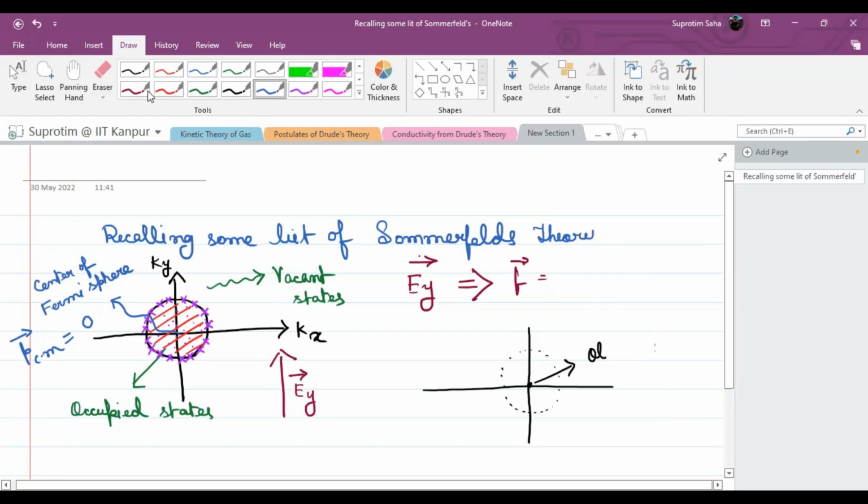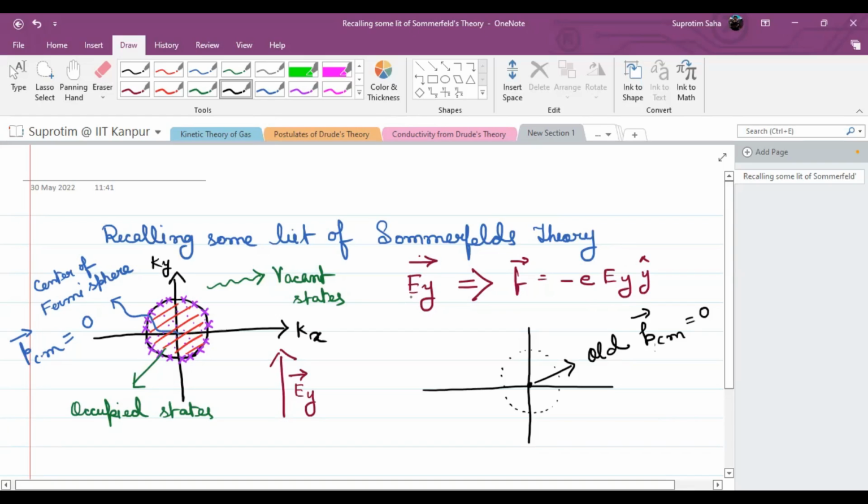So this was your minus electronic charge E times E y, and this was your p center of mass, which was originally 0 because you did not apply any magnetic or electric field. But now you have the electric field applied in the y direction. All right. So now the force is in the minus y direction.